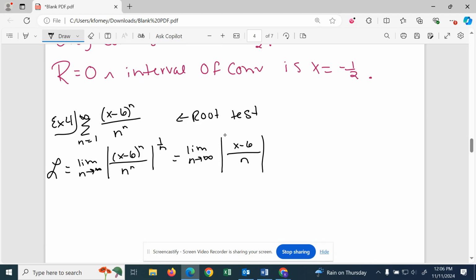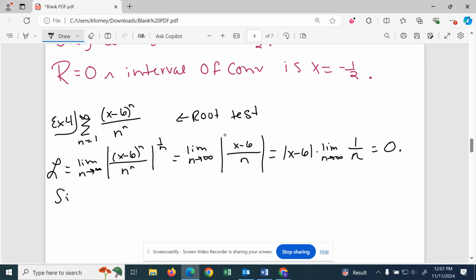So remember, what we've been doing is we can pull the x minus 6 out, but it has to stay inside of absolute value, and that's times the limit as n approaches infinity of 1 over n. And we know the limit of 1 over n is 0. So 0 times that absolute value is 0.